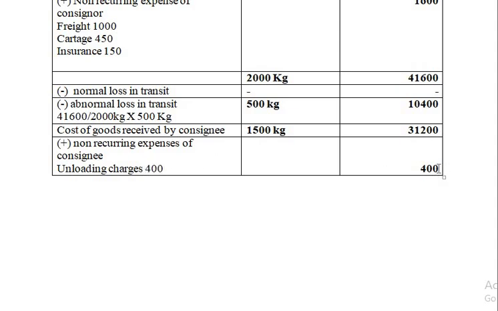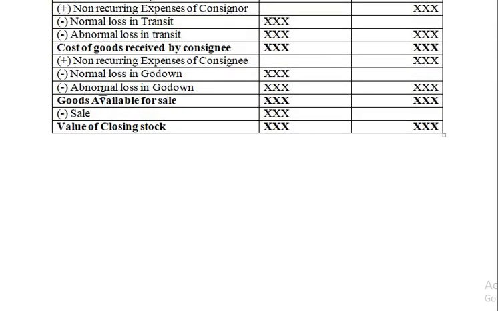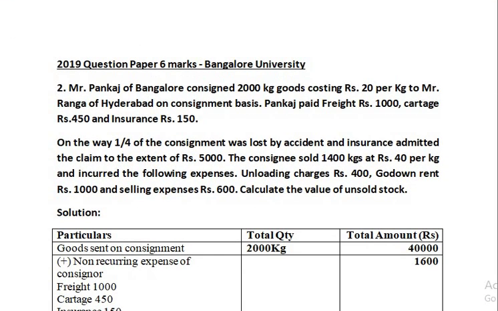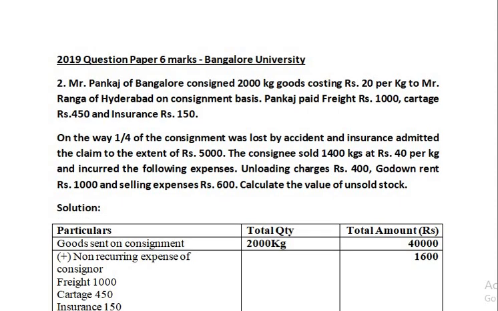Now deduct normal loss and abnormal loss occurring in the consignee's place, that is, in the godown. But in this problem, there is no such loss, so ignore it.